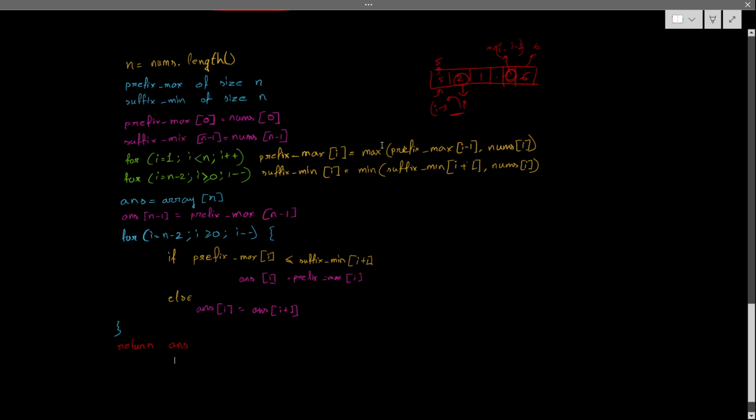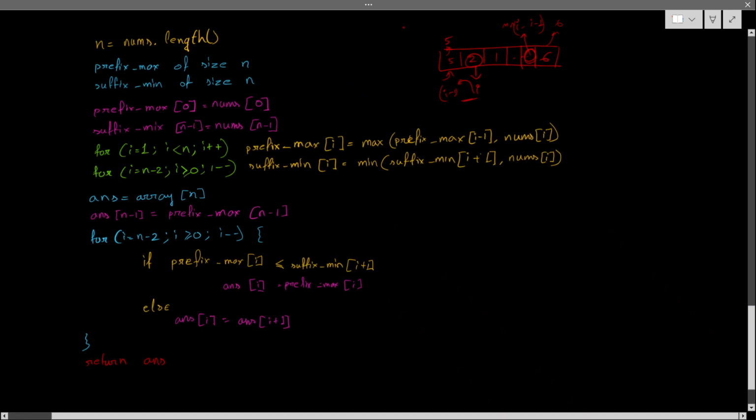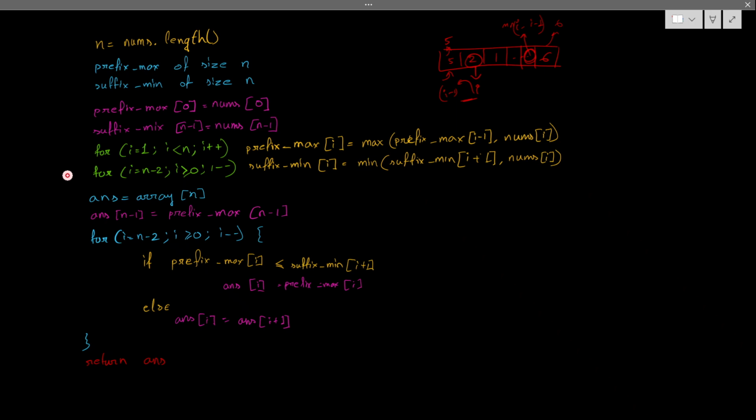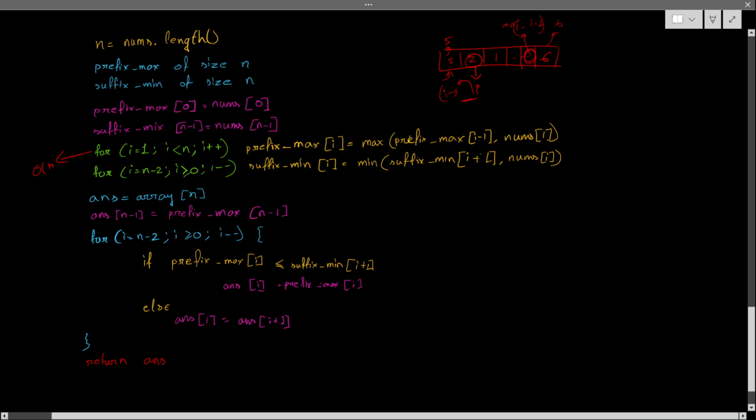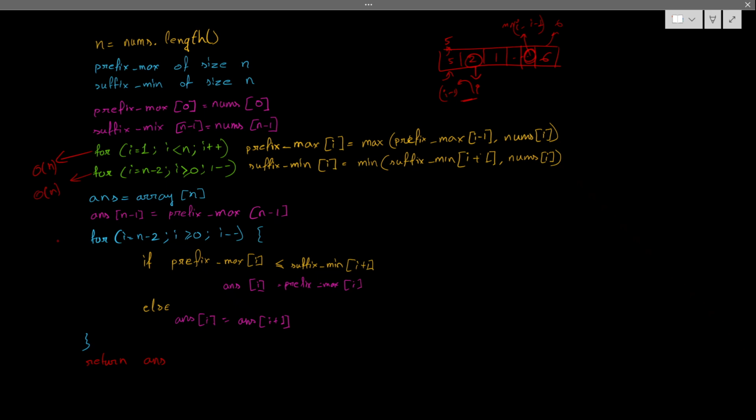Let's see the time complexity and the space complexity of this problem. Time complexity is big O of n, since each loop is big O of n.